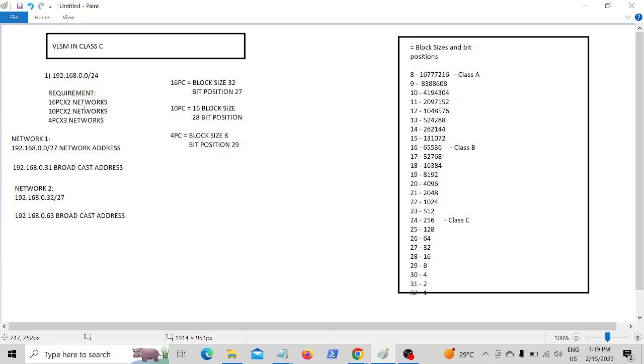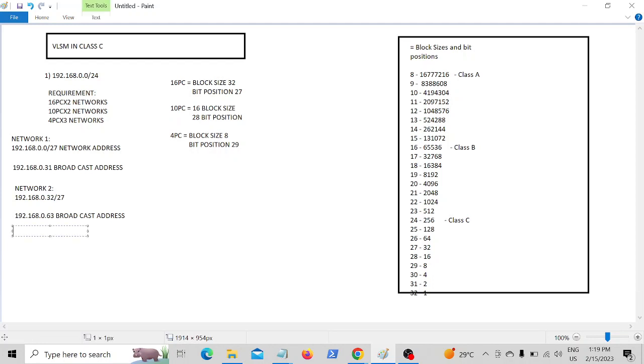So next, 10 PC into 2 networks. Coming to network 3, it will be 192.168.0.64 slash, what will be the CIDR for this? 28.